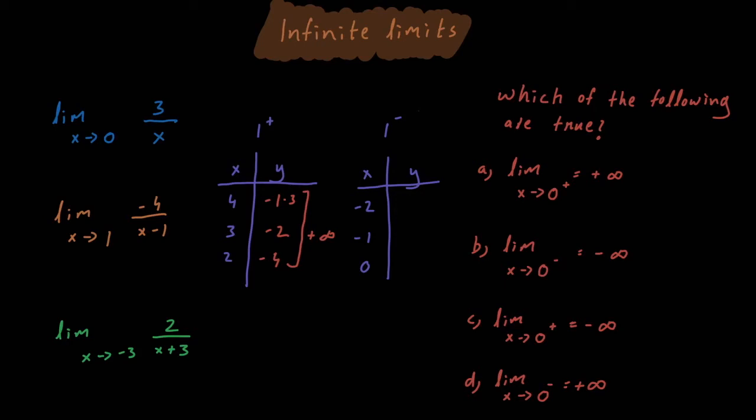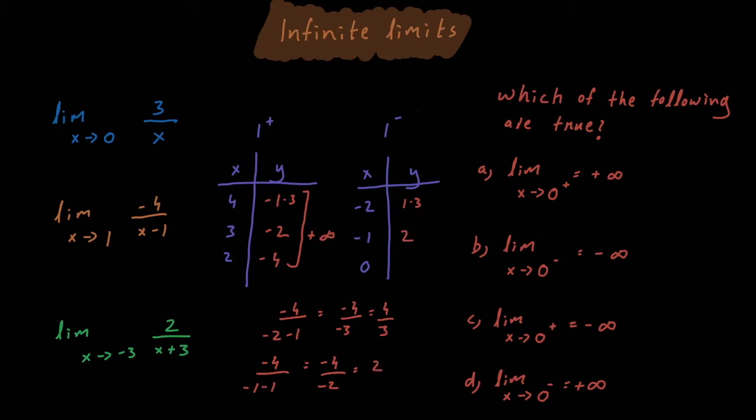Let's see 1 from the negative side. If I substitute for -2, I'll have -4 divided by -2 minus 1, which is -4 divided by -3, which is 4 divided by 3, so something like 1.3. If I take -1, I'll get -4 divided by -1 minus 1, which is -4 divided by -2, which is simply 2.